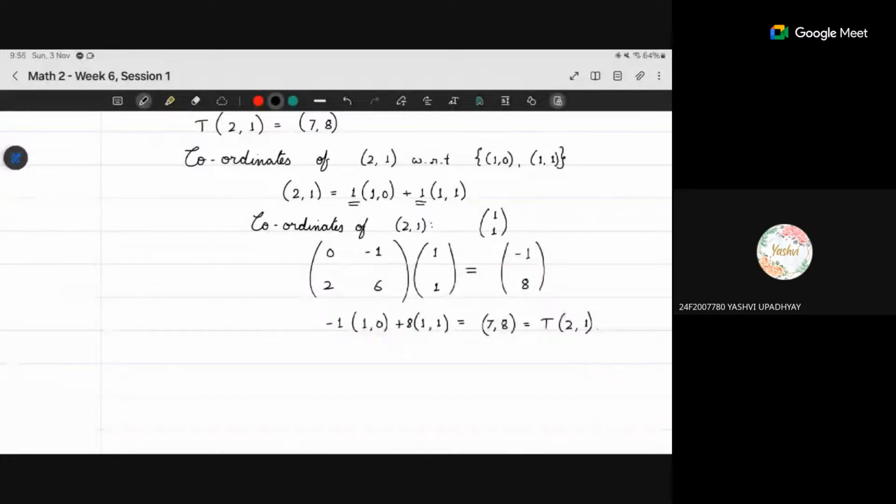So now you might still think that it is unnecessarily complicated. Like I always have a representation with respect to the standard basis, which is easy to read. Why do I have to go through so many translations?